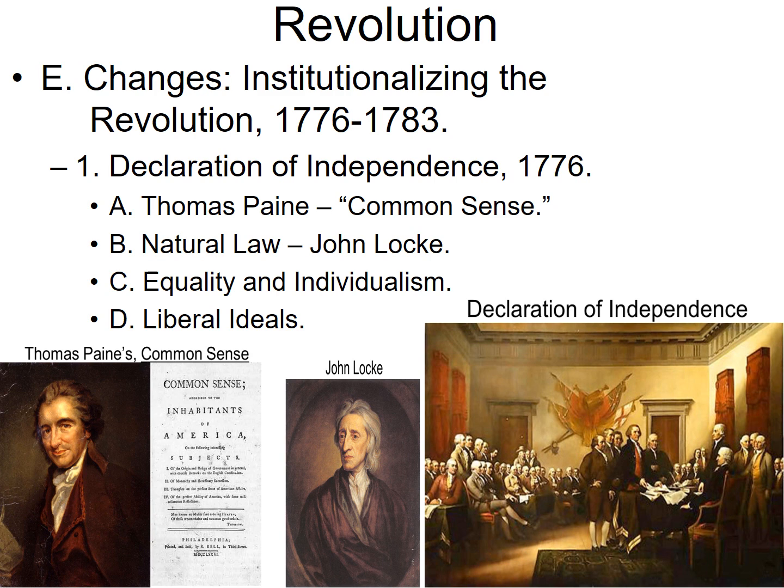He committed sedition. That's where you criticize your government. It got him into some trouble back in England a time or three. So Thomas Paine decides to move to the colonies, to come to North America. And what better place for a radical to arrive than revolutionary America, circa 1775 going into 1776.